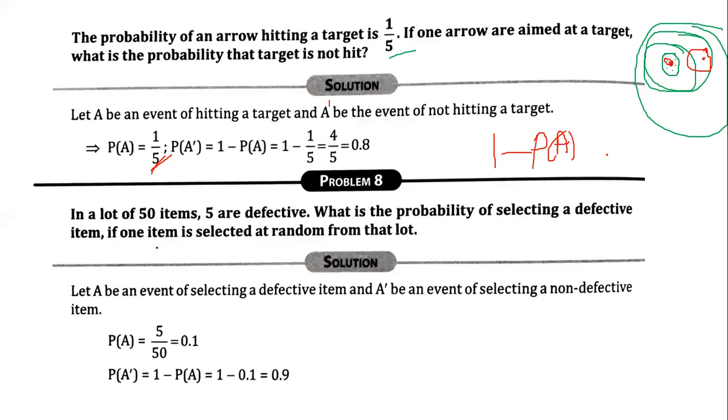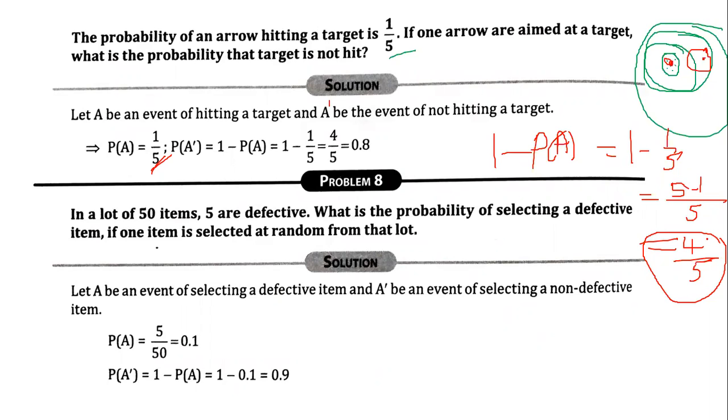So what is P of A? P of A is 1 by 5. Now find the LCM for 5. So 5 minus 1 by 5, which is nothing but 4 by 5. So P of A dash, that is the event of not hitting the target, is 4 by 5. That is 0.8.